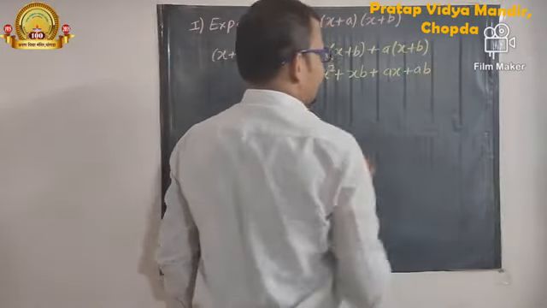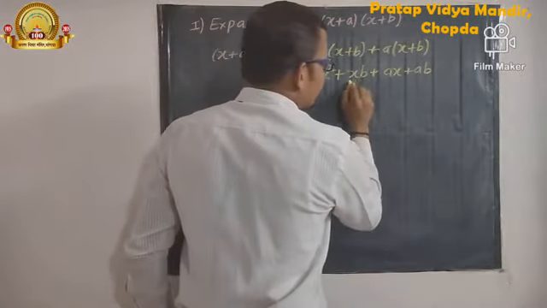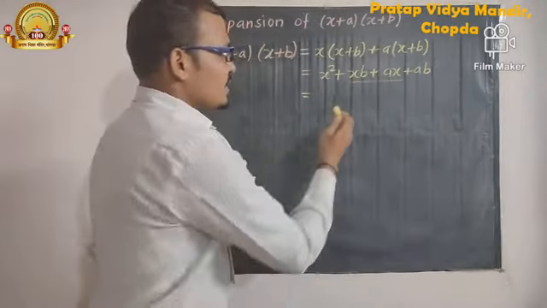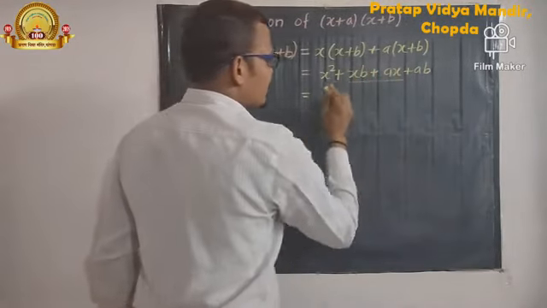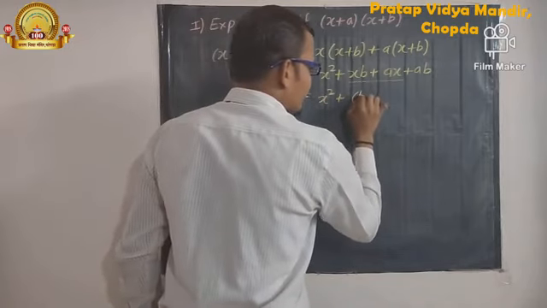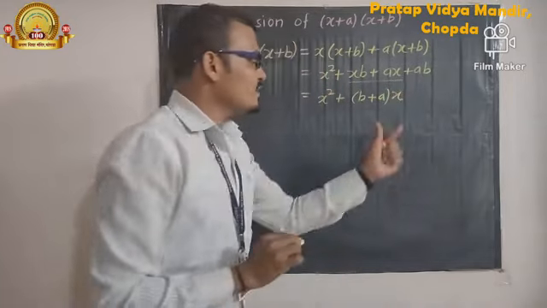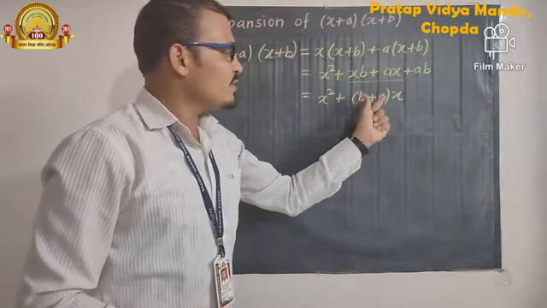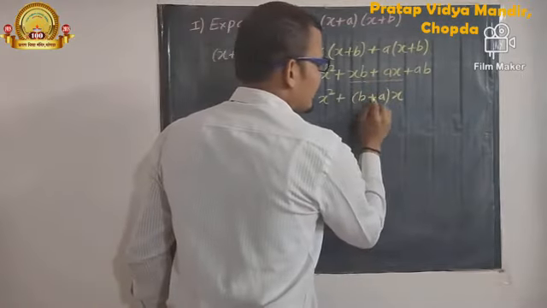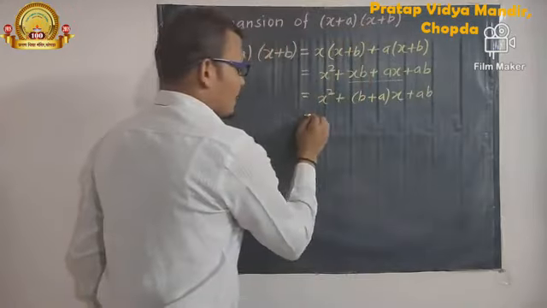plus ab. Now something is common in this middle term. What is common? x is common. So let us separate this x from the middle term, so that we get x square plus (b plus a) into x. As x is common, we take it common from these two terms. So we get (b plus a) into x plus ab as it is.